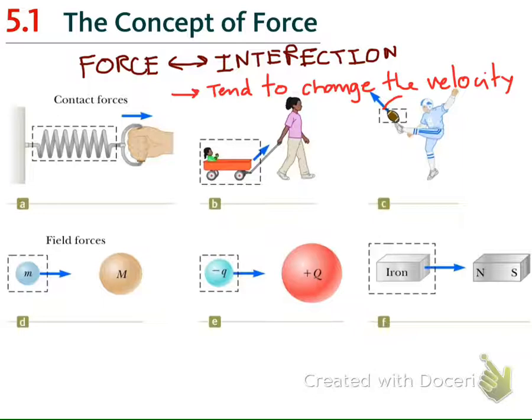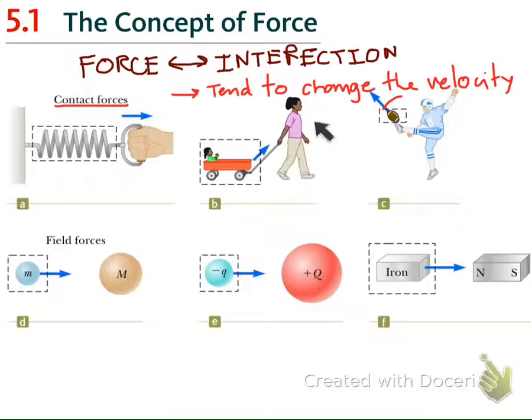In general, we may say that there are two kinds of forces. First is the contact force, that is, the force that comes from the contact between the object and the environment. For example, when you pull a spring, you exert a force on the spring, and it comes from the contact between your hand and the spring.